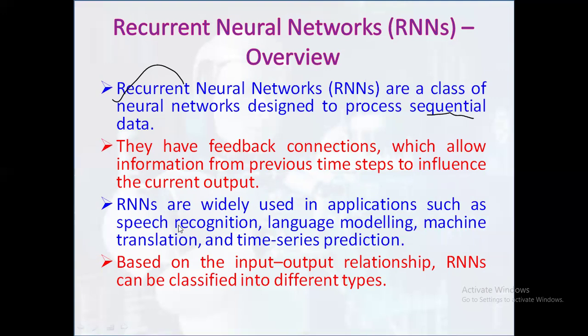RNNs contain feedback loops that pass information from one time step to the next. This mechanism enables the network to retain past information and use it to influence the current output, providing a form of memory.